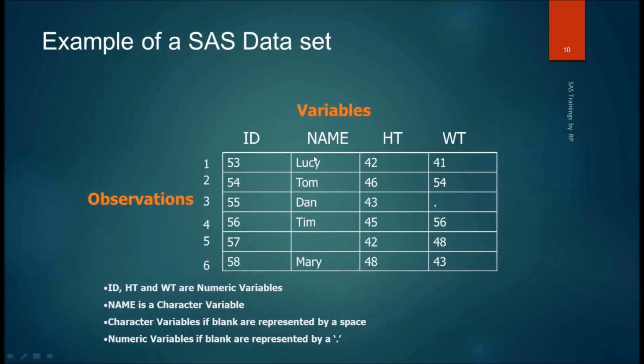In SAS we have 2 types of variables: character variables and numeric variables. Name here is a character variable, and the remaining ID, HT, and weight are numeric variables. In SAS, a missing character value is represented by spaces, and for a numeric variable, SAS represents a dot as a missing value.